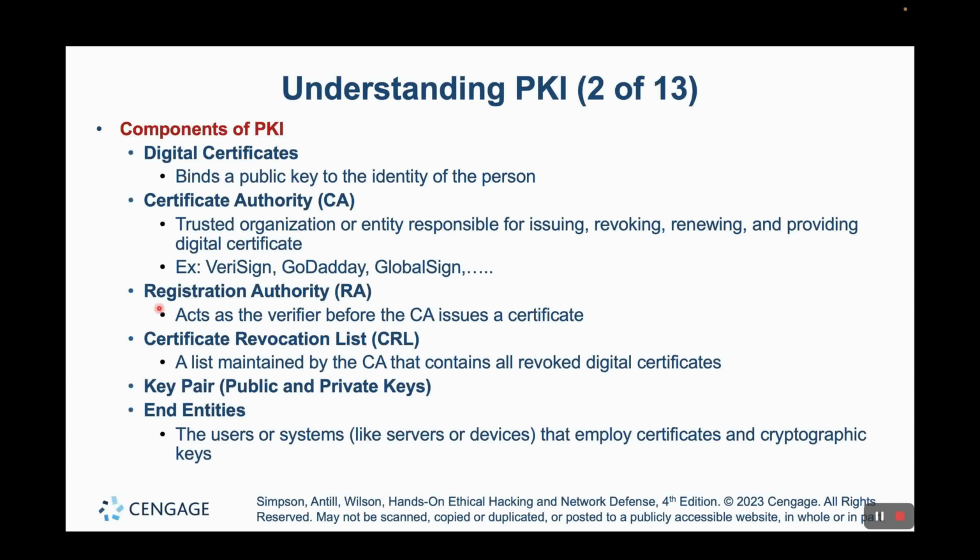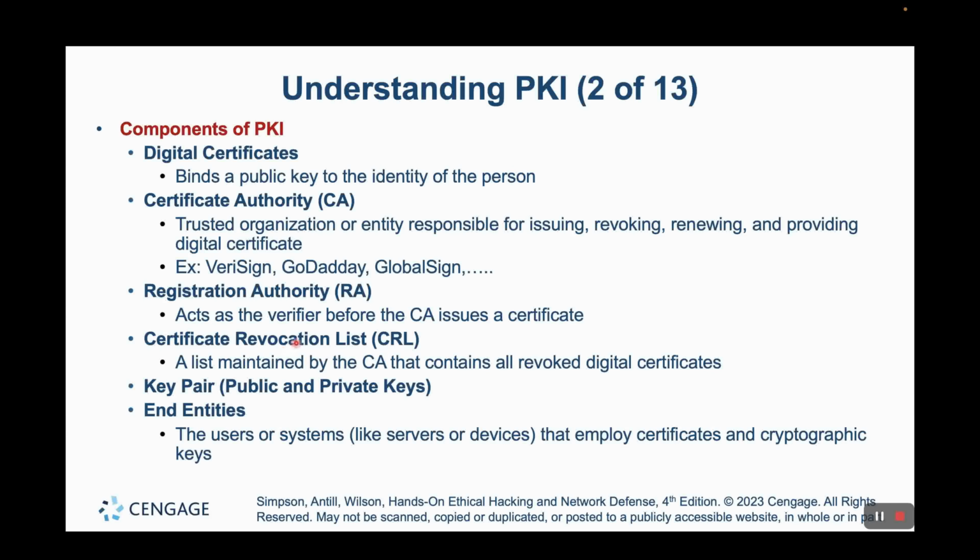Now, for the registration authority, RA, it acts as a verifier before the CA issues a certificate. It verifies the identity of the entities requesting digital certificates and approves or denies these certificate requests based on verified identities. Now here, this is very important: the Certificate Revocation List, CRL.